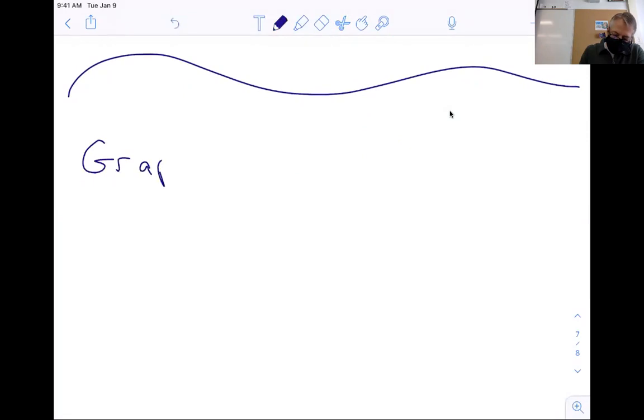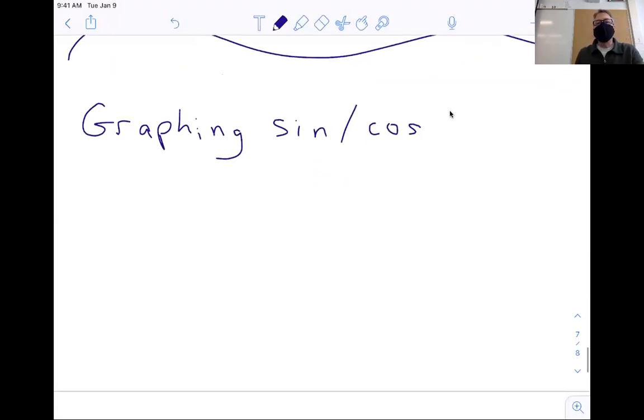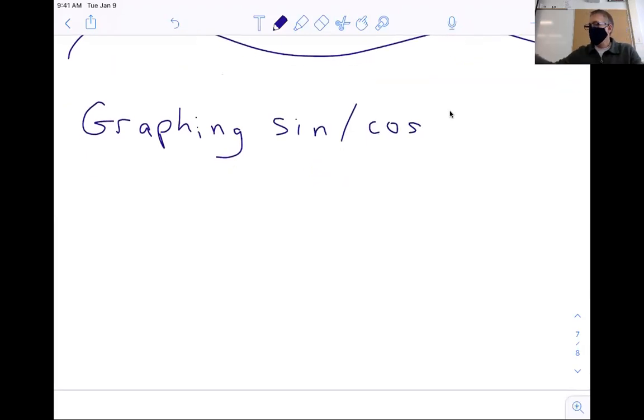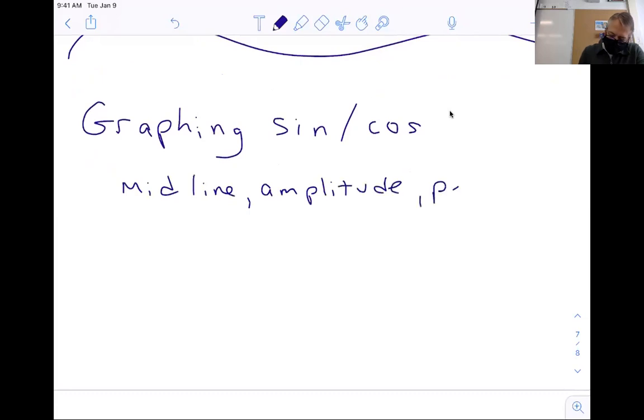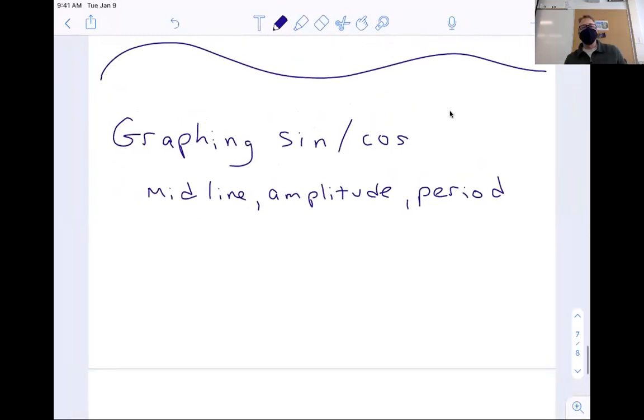So we are graphing sine and cosine, and we're going to focus on really three parts of it: the midline, what's called the amplitude, and the period. So that's going to be our focus for today. It's going to take us a couple days to get really good at this graphing stuff for sine and cosine.